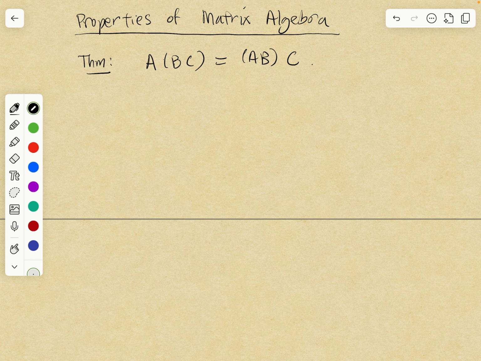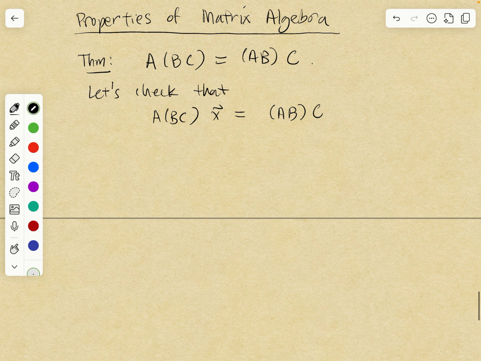So let's check that. If I take the matrix on the left, which is A times BC, and multiply that by a vector x, I get the same as what I get when I take AB times C and then multiply that by x. So this matrix times x is the same thing as this matrix times x.